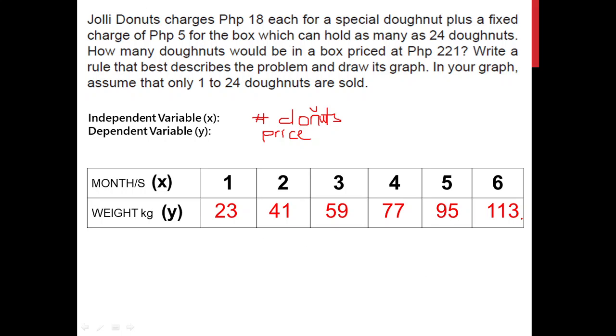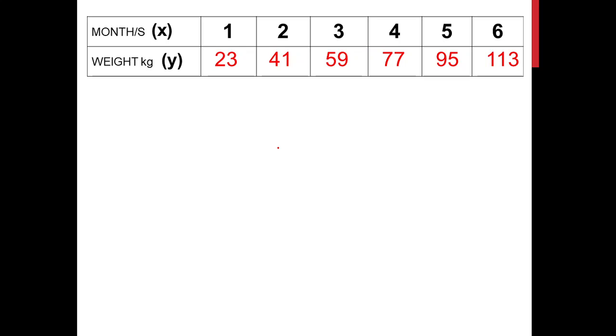So from here, we can now create an equation for our problem, right? Because we already have a visual on the problem. So let's go ahead and create our equation. Again, for us to create an equation, we need to write an initial equation first. y is equal to x.